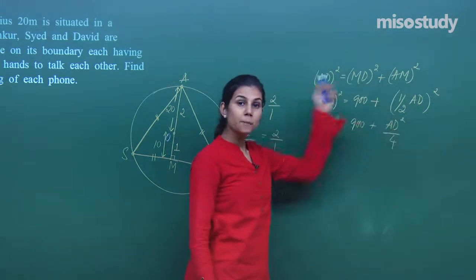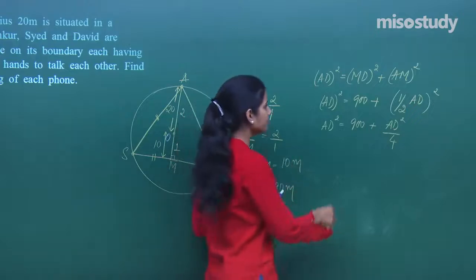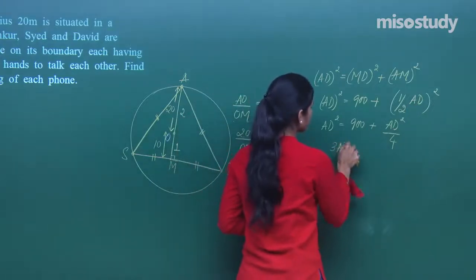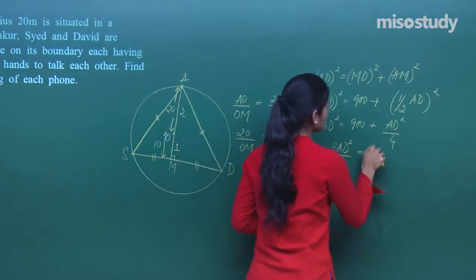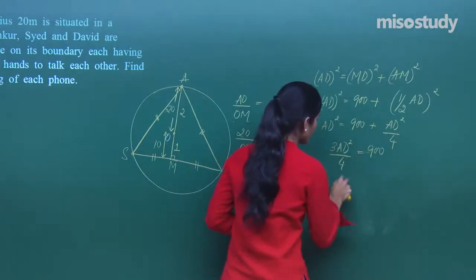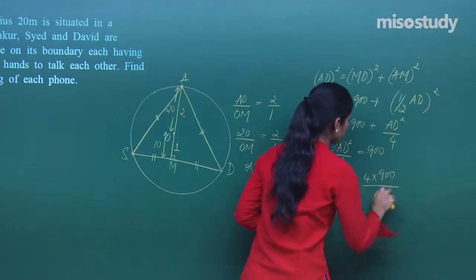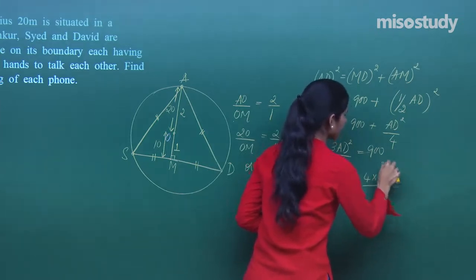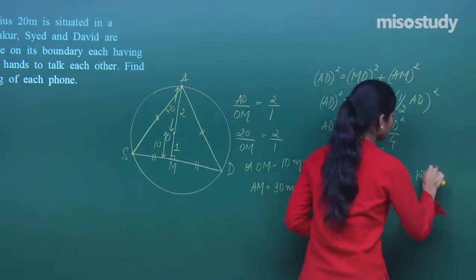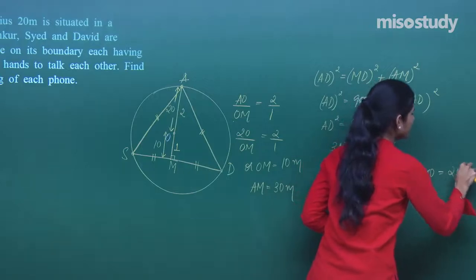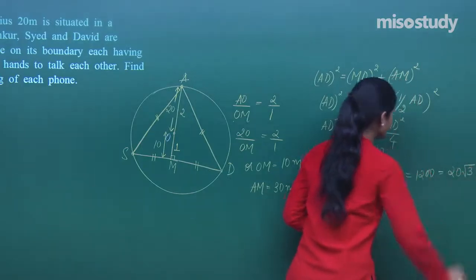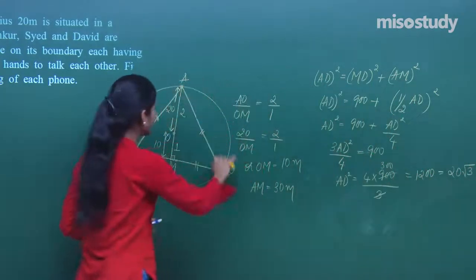Now AD square minus AD square by 4 is 3 AD square by 4. This is equal to 900. So you have AD square is 4 into 900 upon 3. This is 1200. You get 20 root 3 meters as the answer of AD.